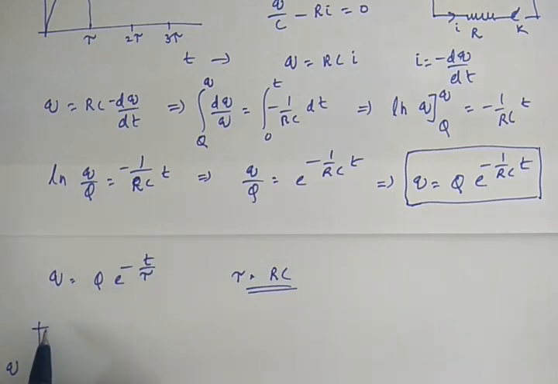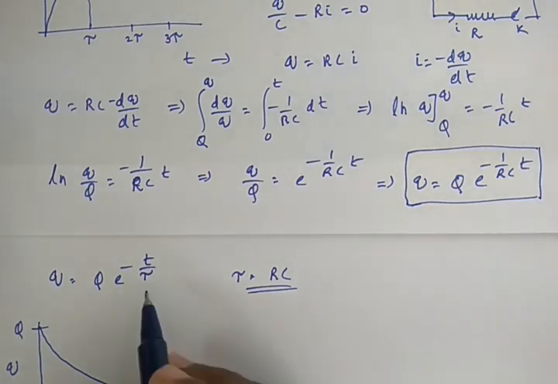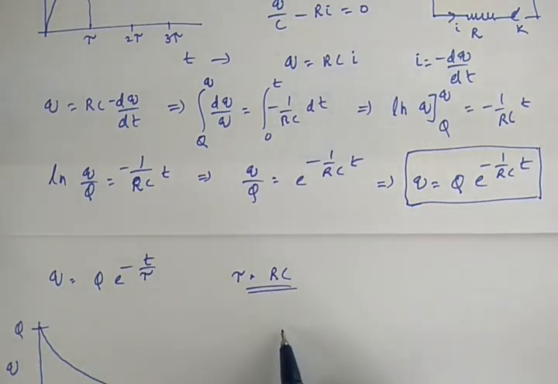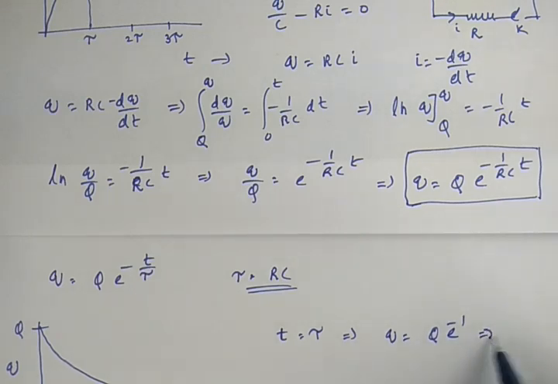It starts from the maximum, Q, and goes like this. If you wait for one time constant, let us say t equals T, then q becomes Q into e power minus 1, that is q equals Q by e.